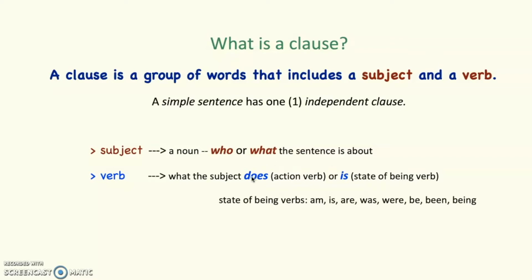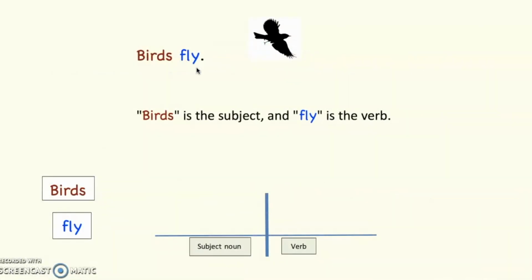So we have two kinds of possible verbs, the action verbs or the state of being verbs. Either way, they're both verbs. And remember that a clause has a subject and a verb. So birds is the subject, fly is the verb.